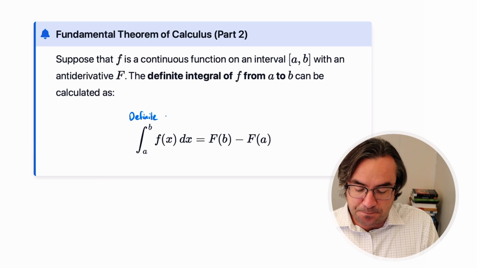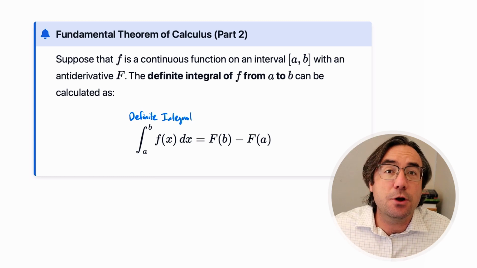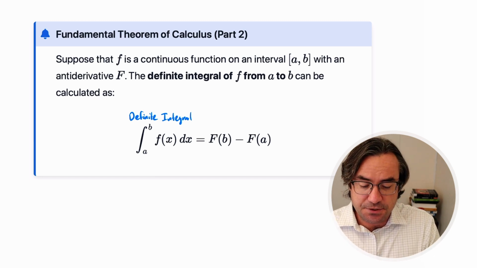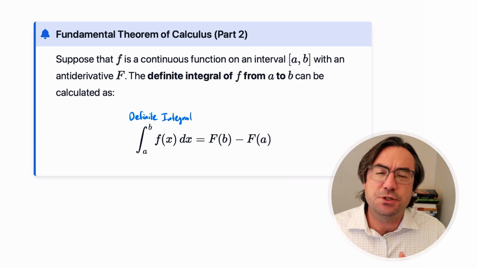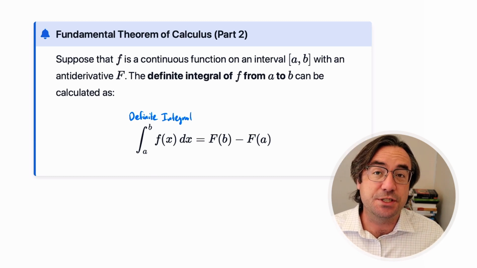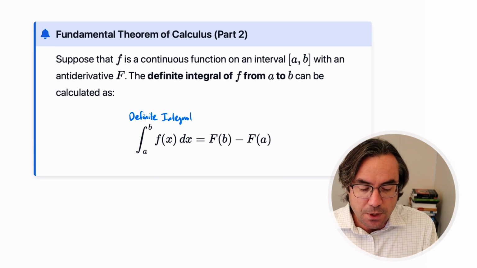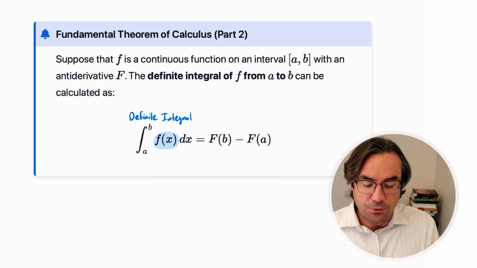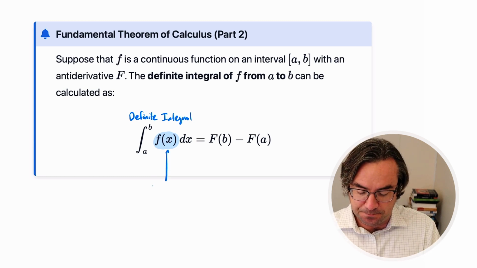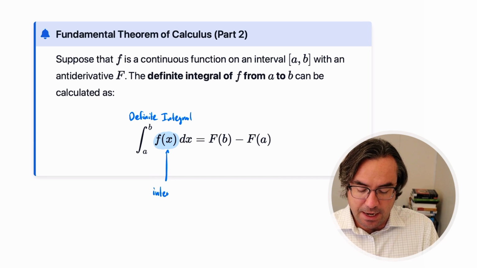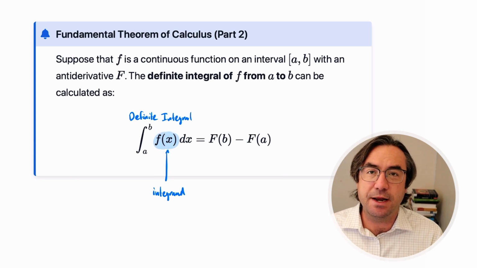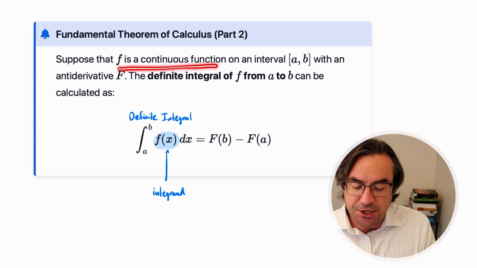It uses a lot of the similar notation that we've seen for antiderivatives and indefinite integrals. Let's go through some of the terminology here. We're going to be integrating a function, f of x, which we call the integrand. For our purposes, we're going to assume it's a continuous function.